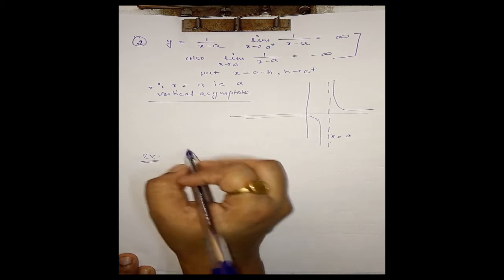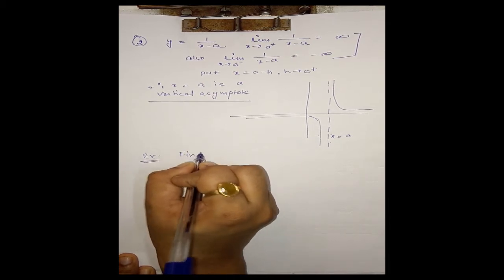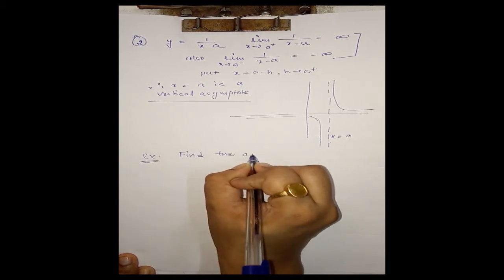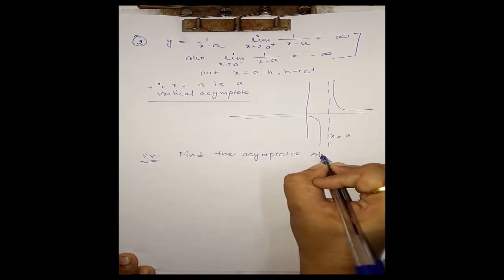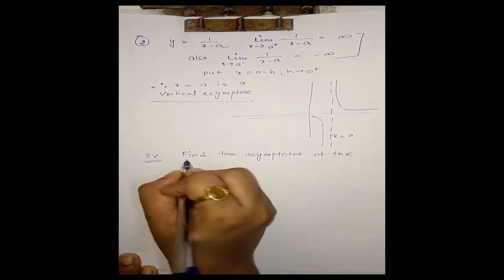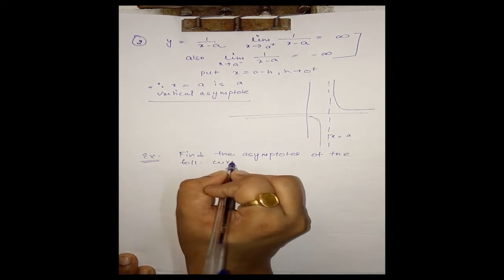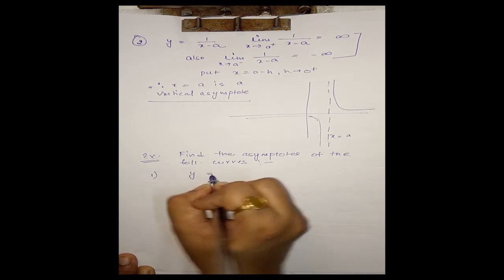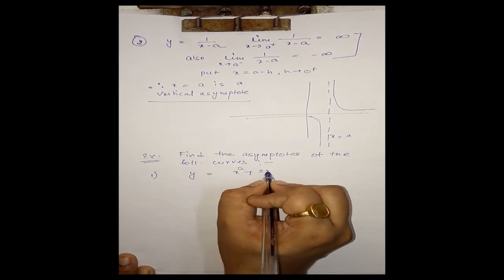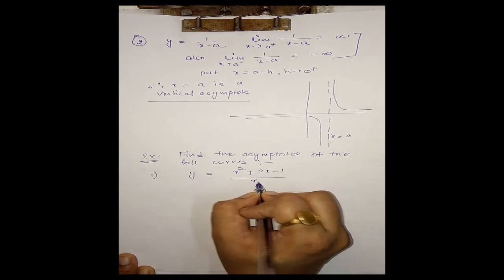Find the asymptotes of the following curves. First take y = (x² + 2x - 1)/x.